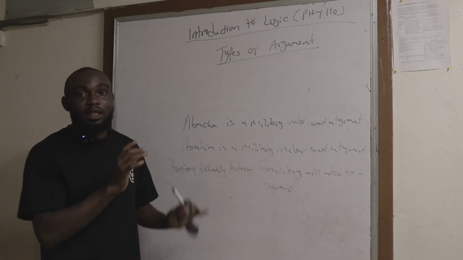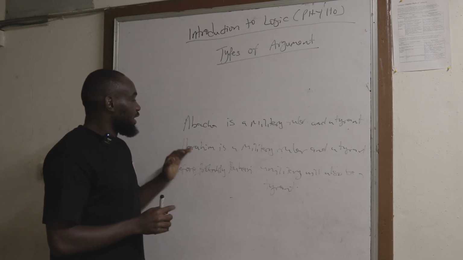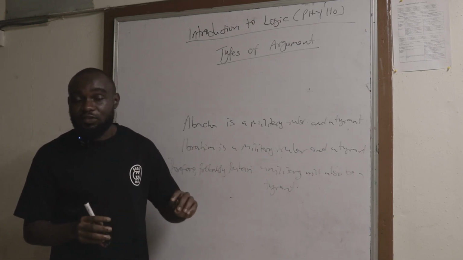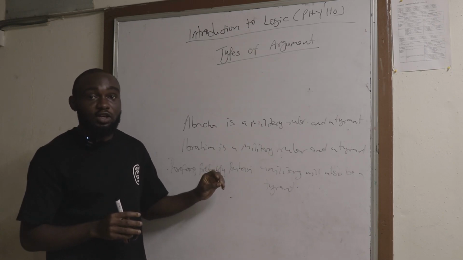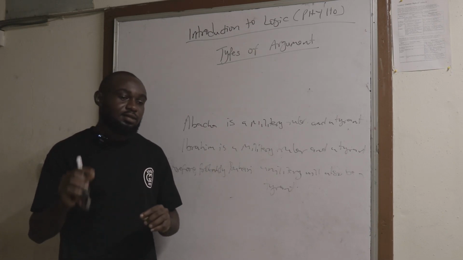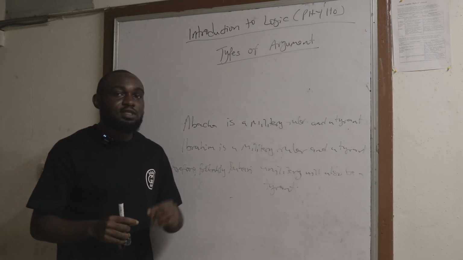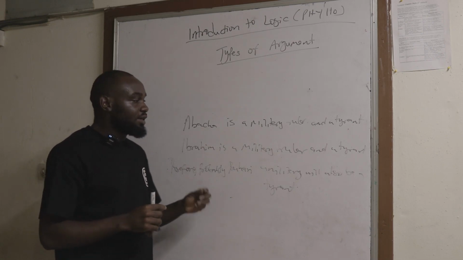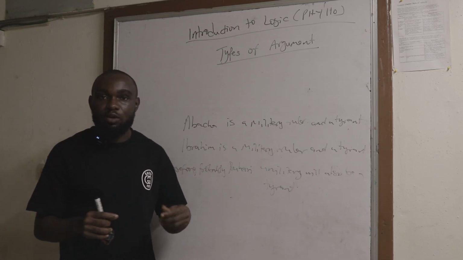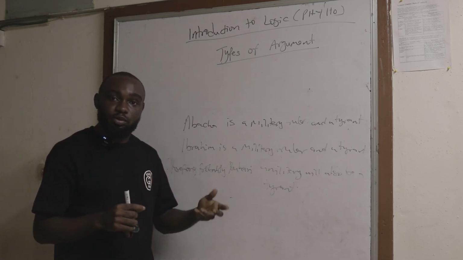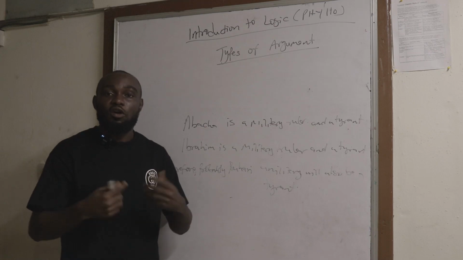So you can see that an inductive argument does not necessarily have to move from a particular to a general as the classical Aristotelian logic holds it. But what we should look out for is if the premises of the argument provide a conclusive or a probable ground for accepting the conclusion of an argument.